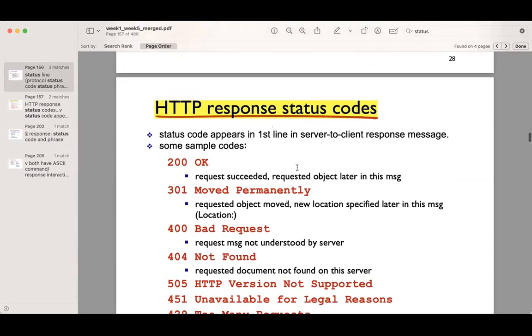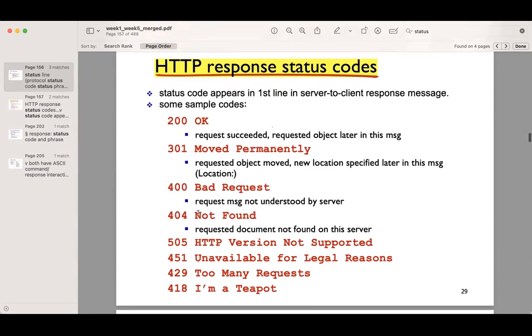So all you need to do is go through this page, know what kind of status codes we have, and what the meaning of each is. For example, a status code starting with 2 always represents success, like request success. If we have a status code starting with 3, it means we have a redirection.